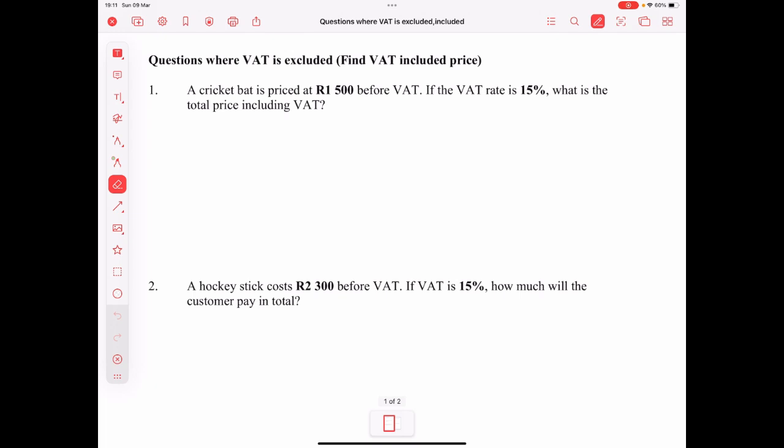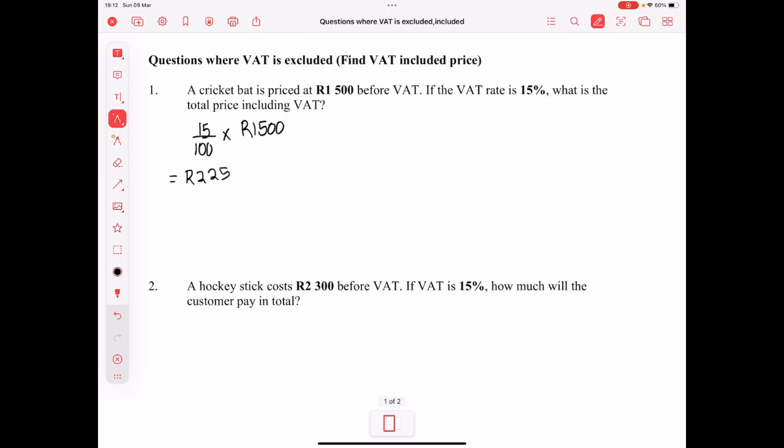Okay, so here we're going to work out 15%. So 15, there's two ways. I'm going to do both. So 15% times 1,500. So here you're basically working out just the VAT amount and then adding it, okay? And this gives you 225 Rand.